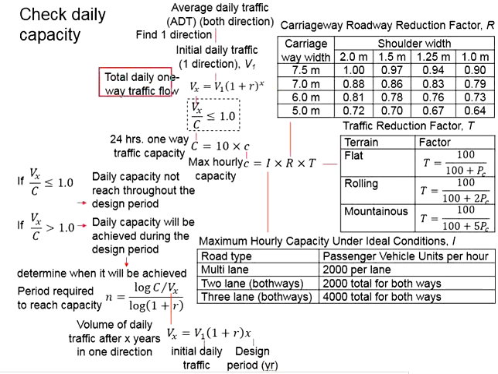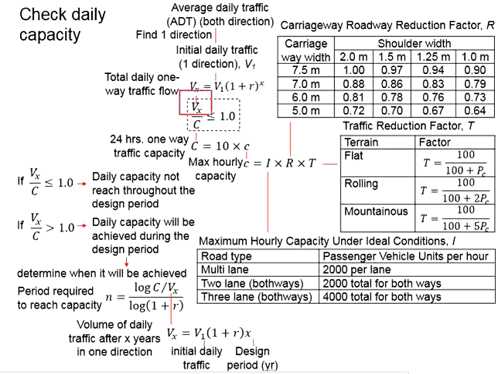Now this total daily one-way traffic at the end of the design period shall be checked against the 24 hours one-way traffic capacity, which is represented by big C here. If the total daily traffic flow is less than the 24 hours traffic capacity, the ratio will be less than 1.0. That means the traffic capacity of the road that you have designed has not been exceeded throughout the design period, which is the best condition that we're going to expect.